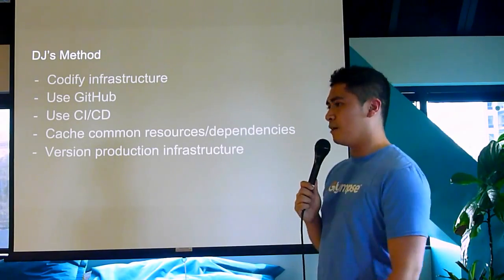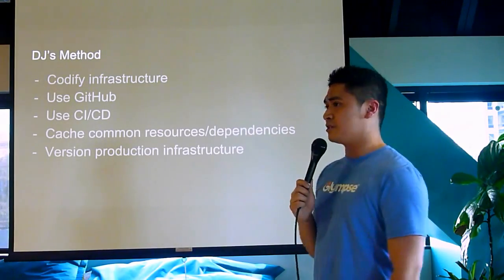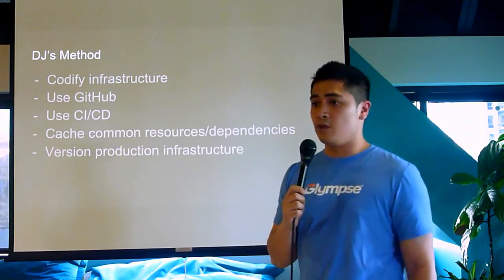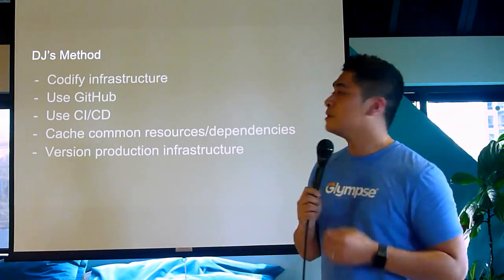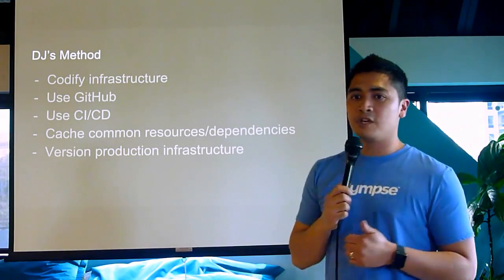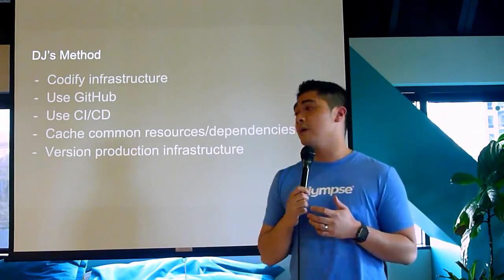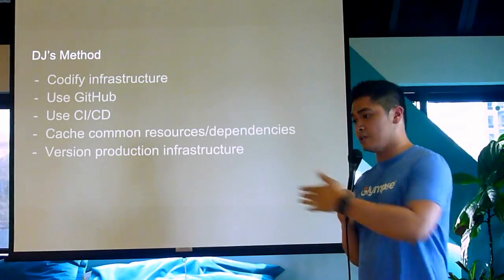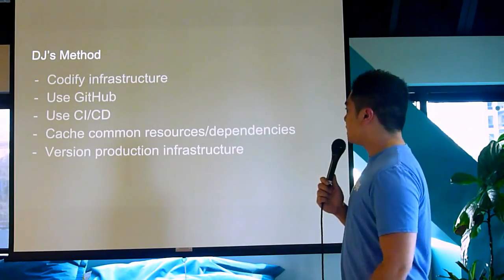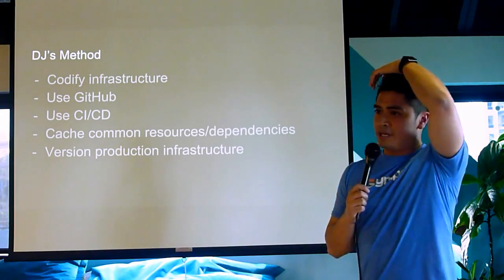Okay? Things that will just run on any Linux distribution from scratch. Use GitHub, right? You want to have some kind of version control system to be able to version your infrastructure. Use CI/CD. So with every commit that you make to your repository, it's going to automatically deliver itself and be ready for deployment.